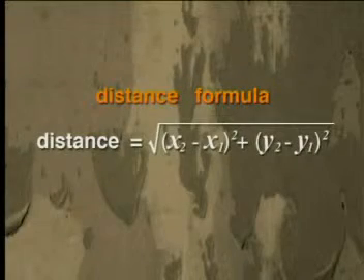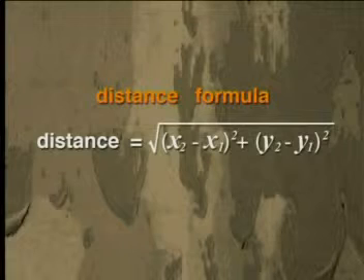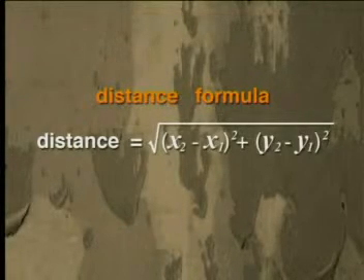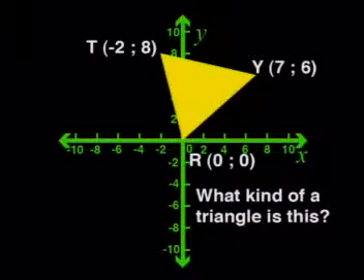To work out the lengths of the sides, we need to use the distance formula because we are working out the distance between each of the points. And the distance formula is the square root of x2 minus x1 all squared plus y2 minus y1 all squared.